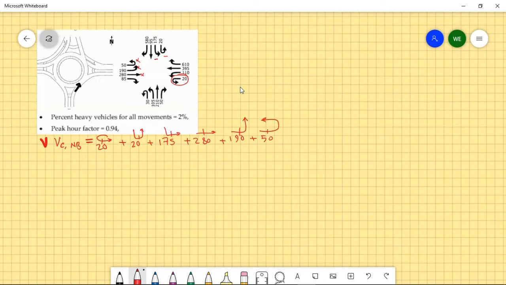Let's calculate the VC, the conflicting volume. So that was VC northbound.